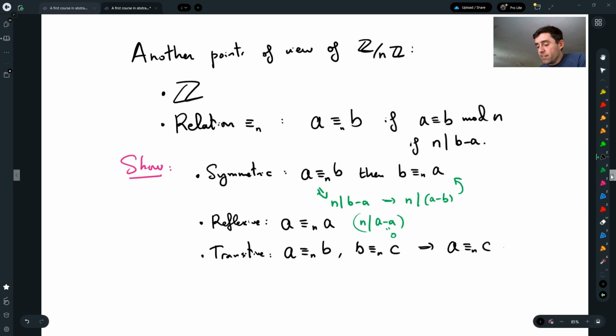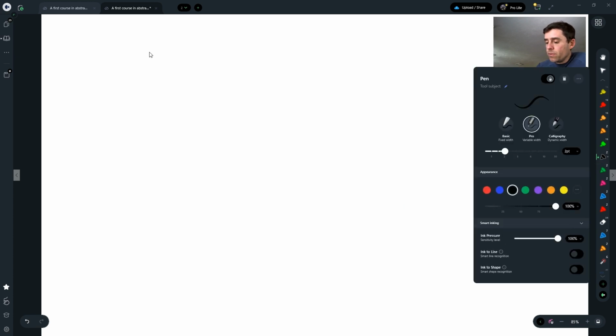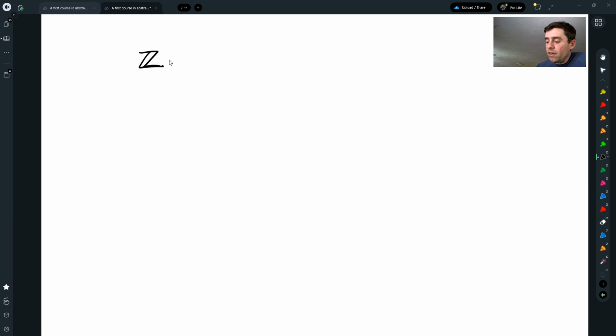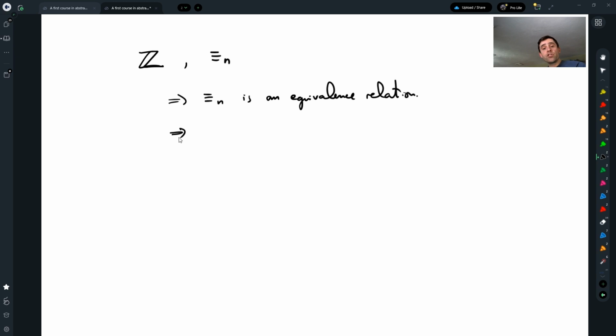And what this says is that Z under this relation, because it is reflexive, symmetric, and transitive, is an equivalence relation. And therefore, equivalence relations partition our sets into equivalence classes. So Z modulo, or Z up to this relation, is the set of equivalence classes.